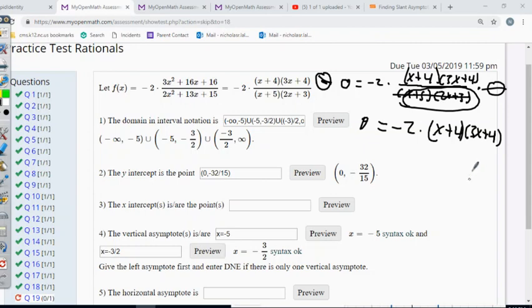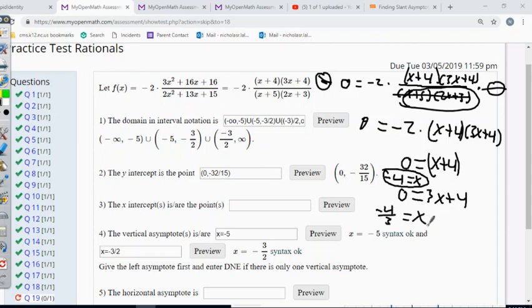Divide each side by -2. 0 is equal to x plus 4, 0 is equal to 3x plus 4. So -4 is equal to x, and -4/3 is equal to x.